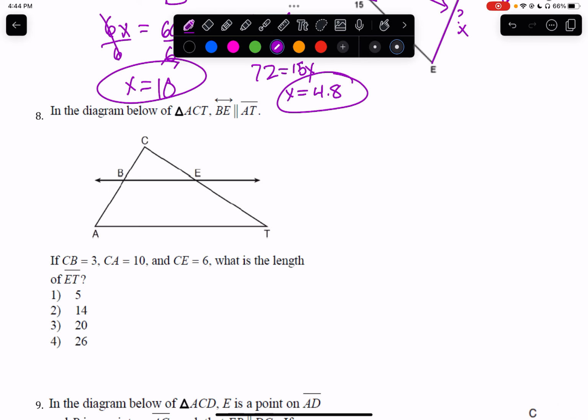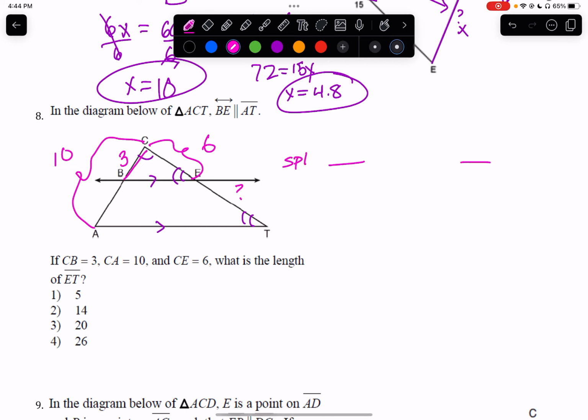So in the next one, we're given a pair of parallel lines. So I can right away say that this is a pair of similar triangles. Now, if CB is equal to 3, CA is equal to 10, and CE is equal to 6, what is the length of ET? So here we're doing the split over, like the top over the bottom.